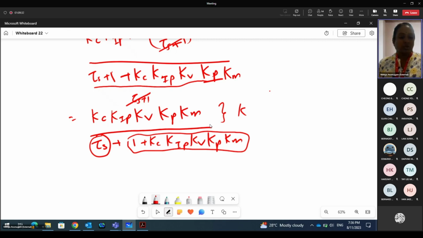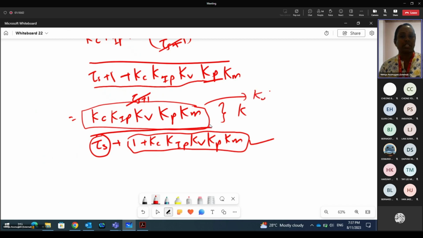So I can simplify this entire term by dividing the whole expression by 1 plus Kc, Kip, Kv, Kp, and Km. When I divide that, I'll be expressing this whole thing as an open loop system.